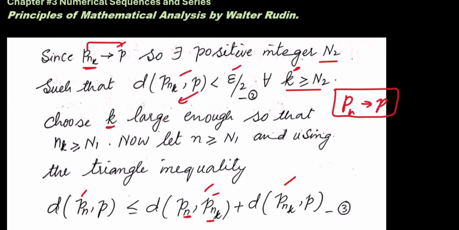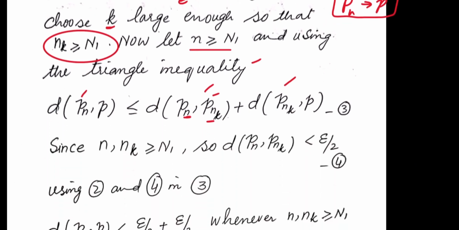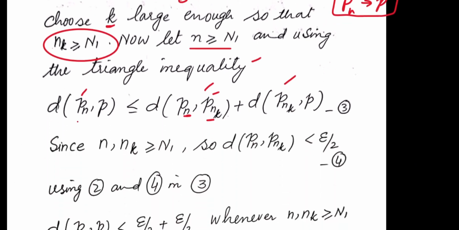Choose k large enough so that n_k is greater than or equal to n1. Now let n be greater than or equal to n1, and using the triangle inequality for these two numbers Pn and P, the distance is less than or equal to the distance of Pn to P_{n_k}, plus the distance of P_{n_k} to P. Say this is 3.